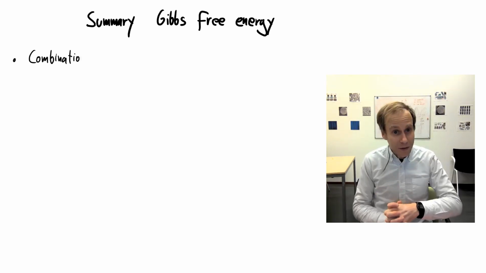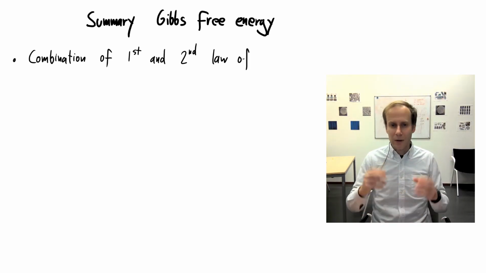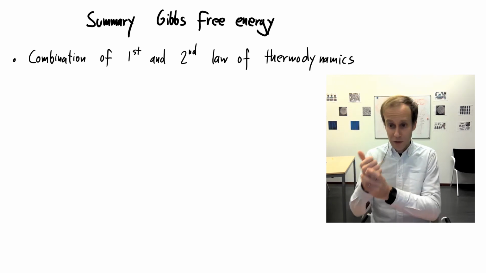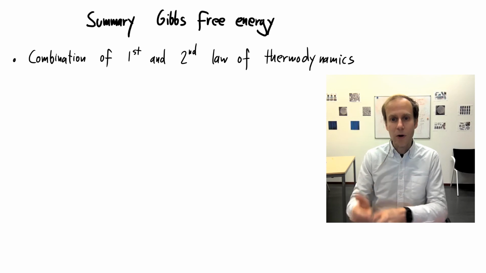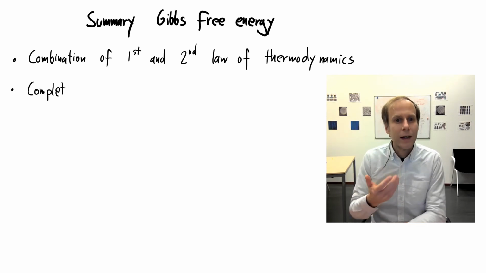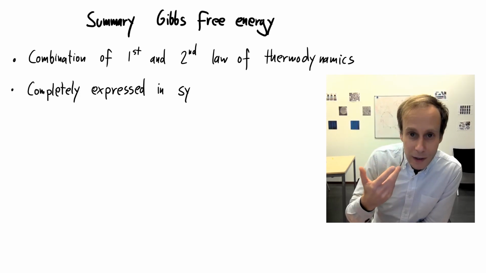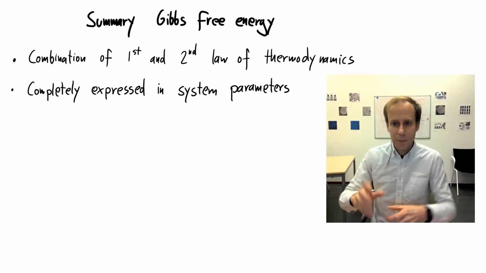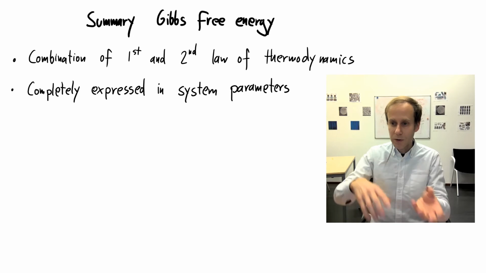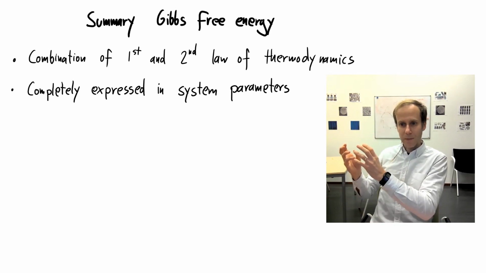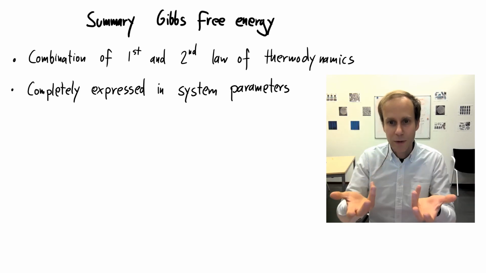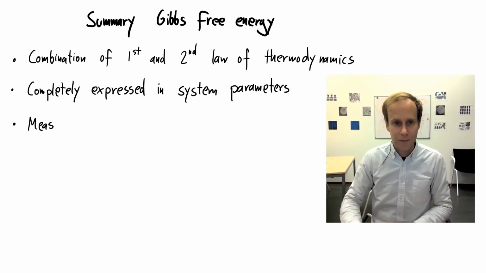We have learned that the Gibbs free energy is a thermodynamic quantity that results from the combination of the first and second law of thermodynamics. It is expressed completely in parameters based in the system. We don't need to consider the surroundings; only the system provides the values to calculate the Gibbs free energy change.